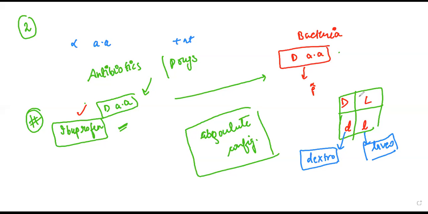I said capital D and capital L represent the absolute configuration, but small d represents the dextrorotatory, meaning the bending of light towards the right hand side, and small l the bending of light towards the left hand side. So these two things are different, and it is not necessary that capital D form amino acids are only dextrorotatory and L are levorotatory.